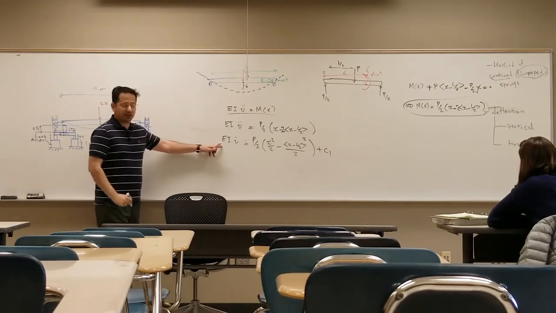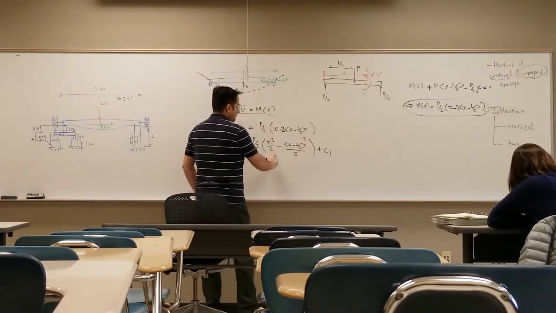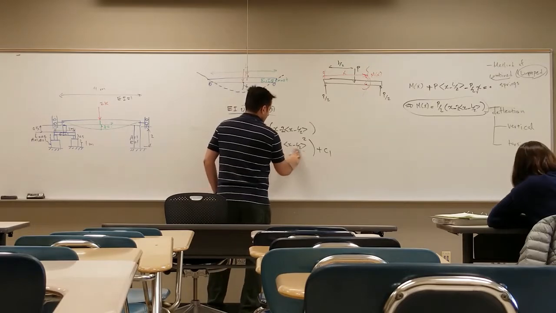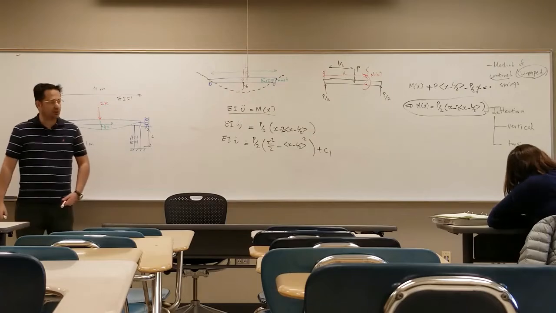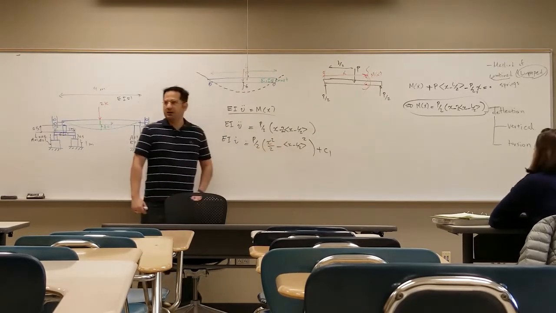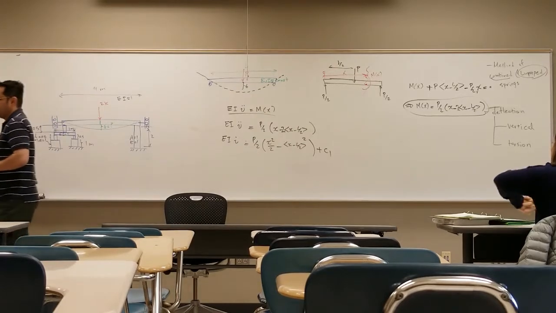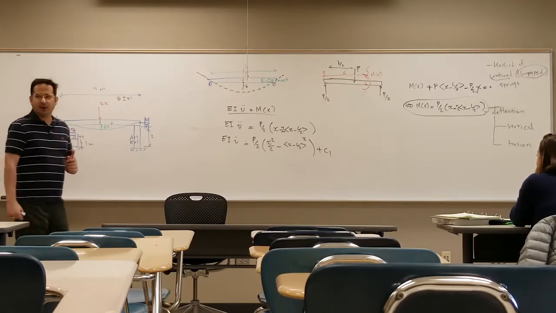And when you integrate, EI v dot is P over 2 times x squared over 2 minus (x minus L over 2) to the second power. If you take the derivative of that, that gives you this one, plus C1. Now the question is, can I find C1 right now? No. Why?